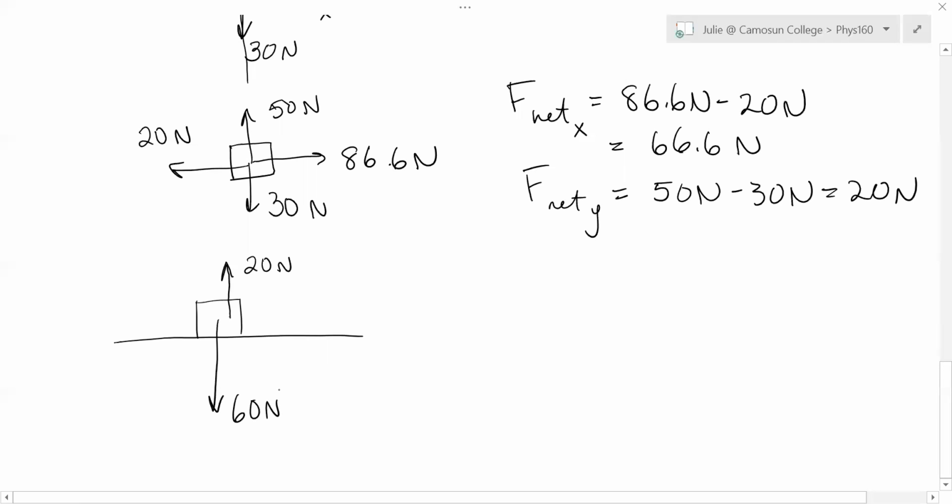And then we're told the forces in the y direction must balance. So up has to equal down because the box is sitting on a surface and it's not going anywhere. So what force is needed to balance this downward force of gravity?